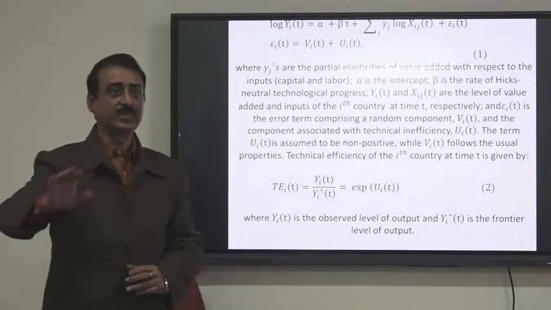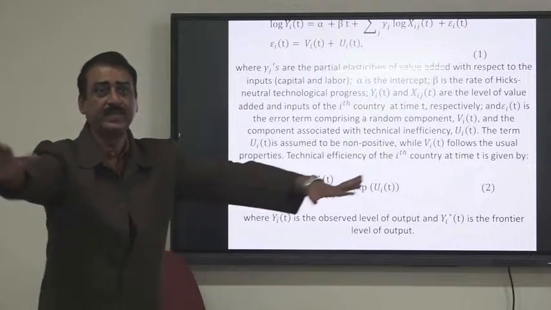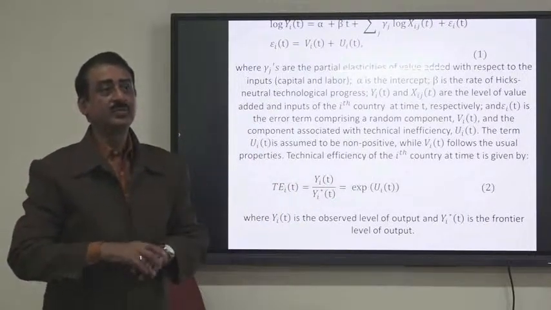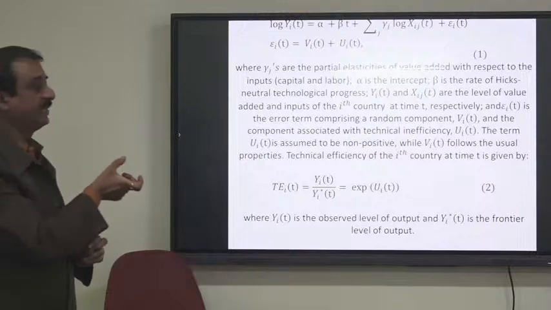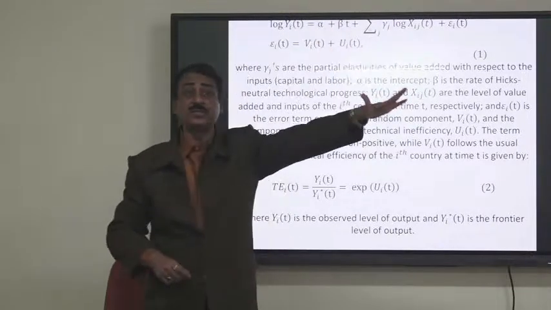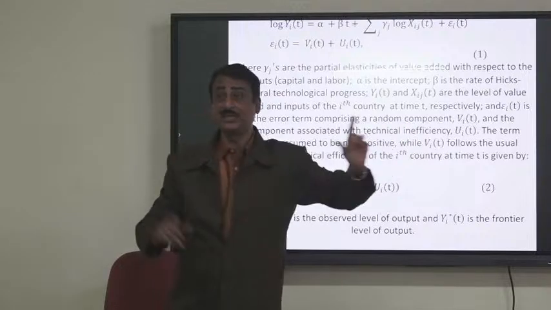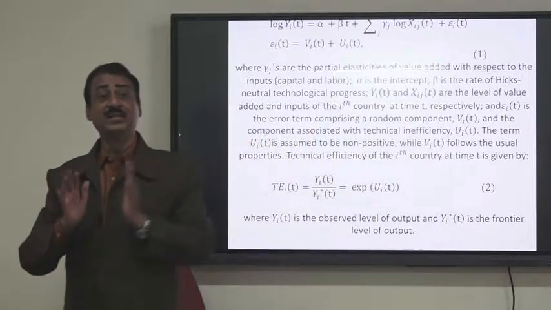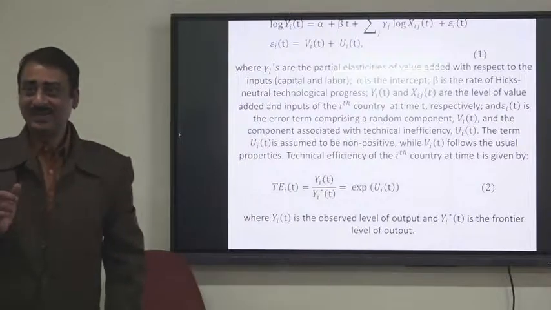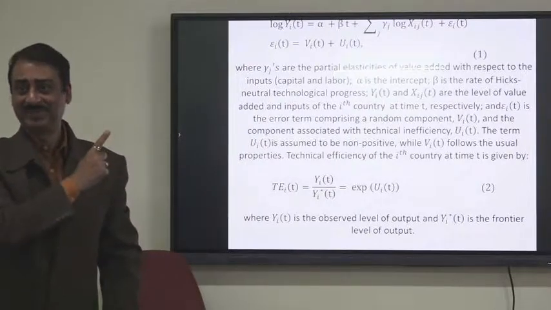Suppose we subscribe to the earlier example: there are 100 industries, and for each industry you have 10 years of data. This equation will be estimated for all industries, all observations, that is 1000 observations. Then you take each industry separately, 100 industries, so 100 times you do this equation.